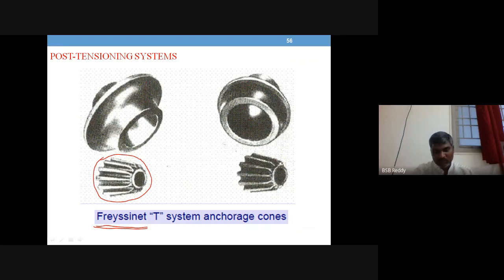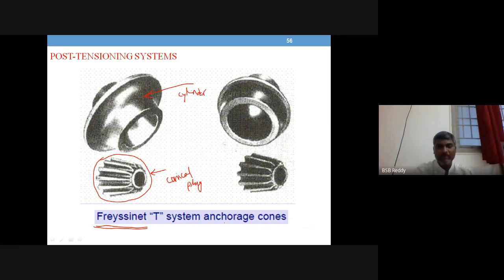So this is what we call a conical plug. And this is the cylinder which holds this conical plug.